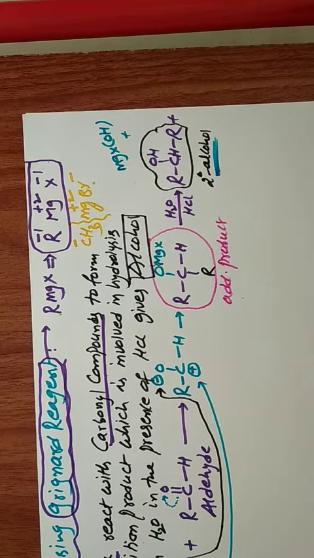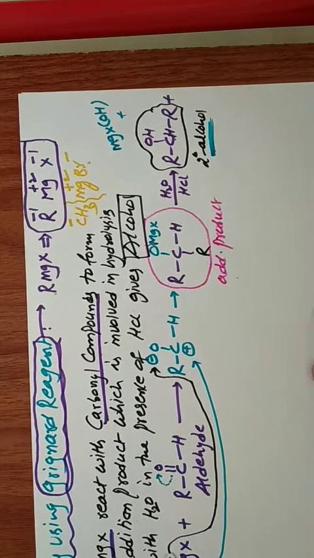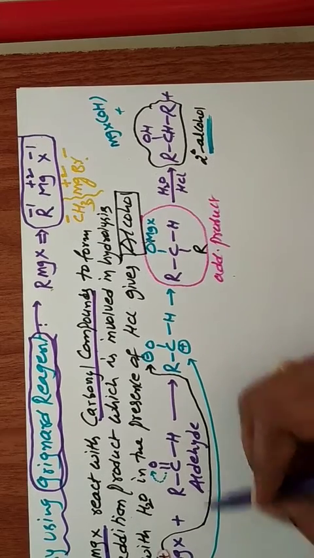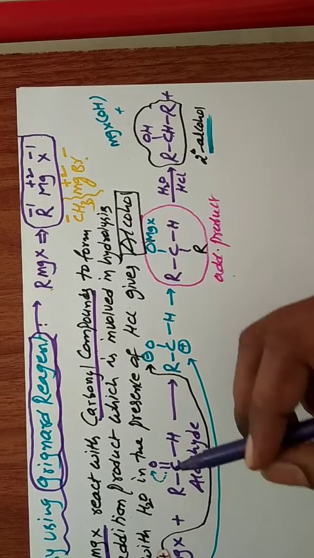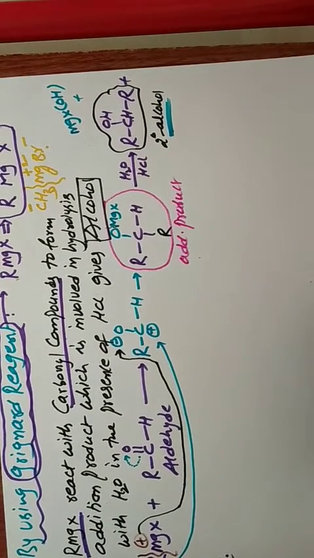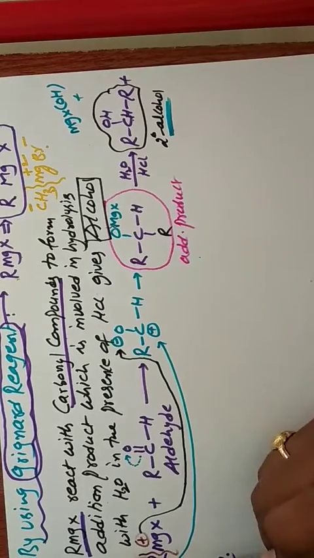If you remember this one, the remaining reactions are also similar in manner. Okay. So we will go to the next reaction. Now we discuss the example. Without the statement, directly we can take reactions using this.